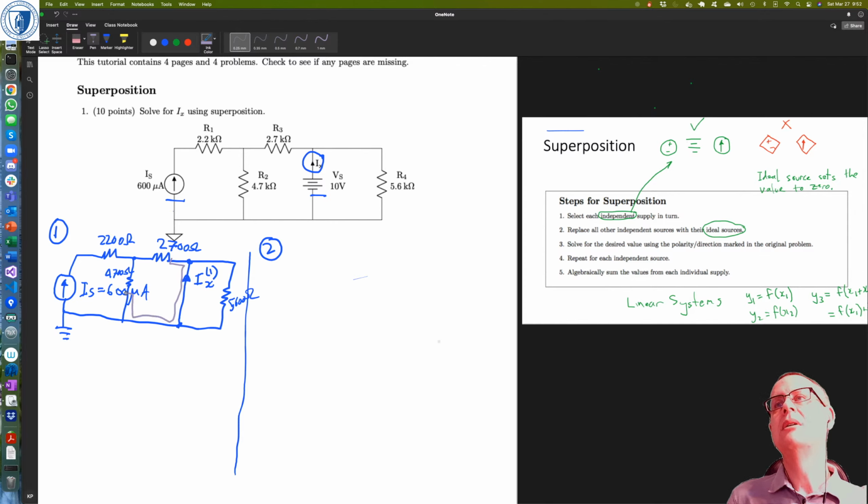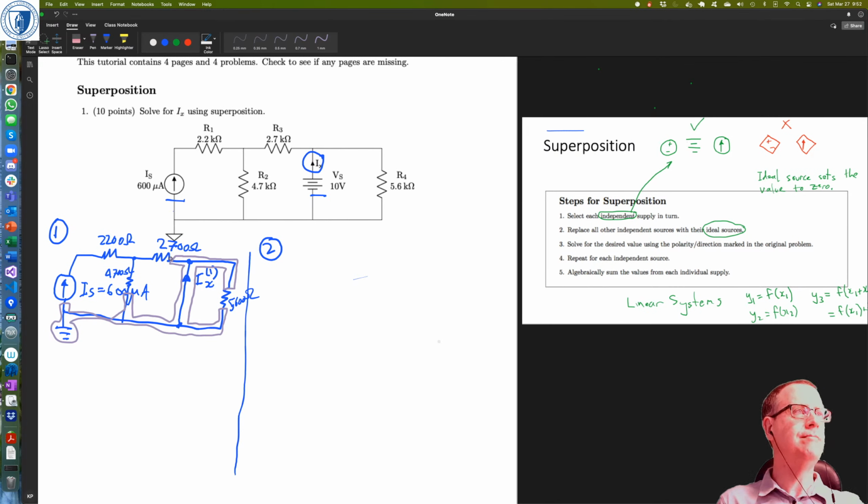Because that short is there, this whole node, this whole region, is a single node, right? Because I can basically walk along a wire to any of those parts of the circuit, and that means there's no voltage drop across any of that.